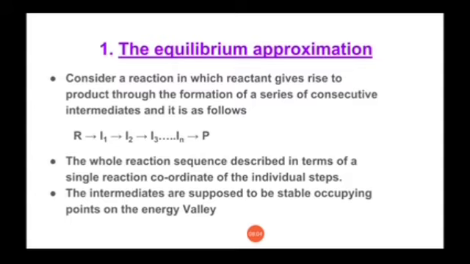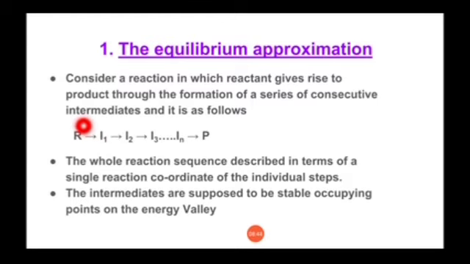First, reactants are converting into some unknown intermediates, like say I1, I2, I3 and up to IN, and the last intermediate IN will then convert into products like this. Say R is your first reactant molecule, it will get converted into I1, that is the first intermediate, then it will get converted into I2, then into I3, and so on, and then the last intermediate will be converted into our products.